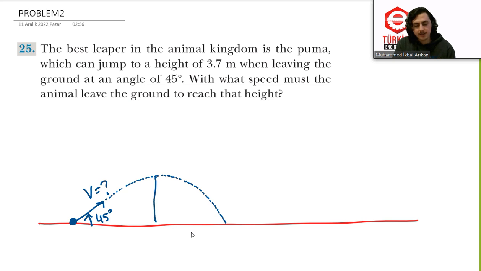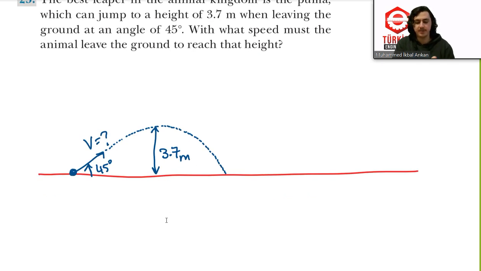I know that the maximum height will be just 3.7 meters. So how can I calculate the initial speed? I know delta y max, which will be equal to... from two formulas I can calculate, but I will select this one.